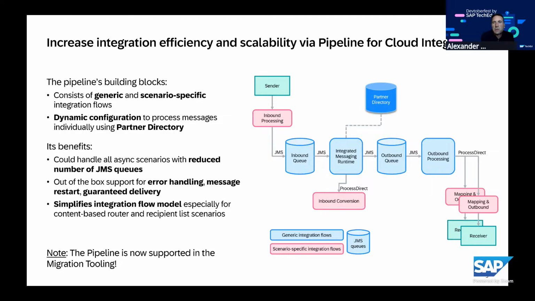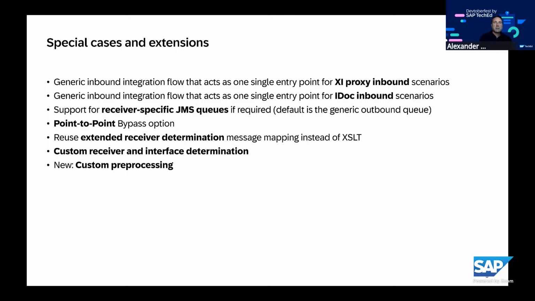What you can also see is the partner directory here in this picture. And we heavily use the partner directory to dynamically configure the behavior of the scenarios, right? Good. Some special cases. Besides those generic flows and partner directory support, we also have 2 generic flows if you have XI proxy scenarios or IDoc scenarios.